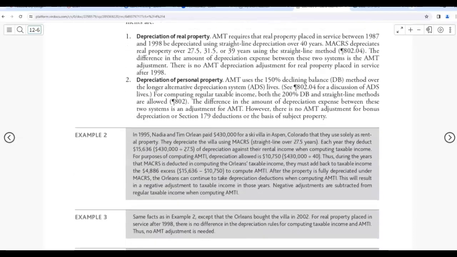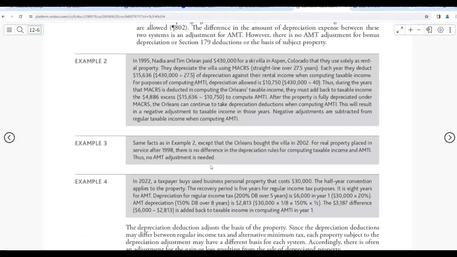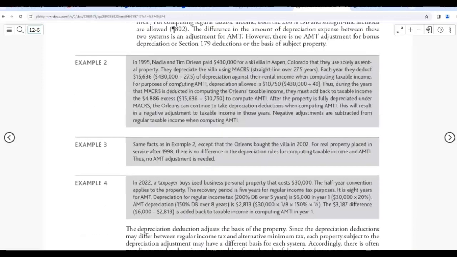Okay, so there's an example here. Maybe we read one of them. In 1995, Nadia and team paid $430,000 for a ski villa in Aspen. They use it solely as rental property. They depreciate the villa using MACRS straight line over 27.5 years, which is correct.